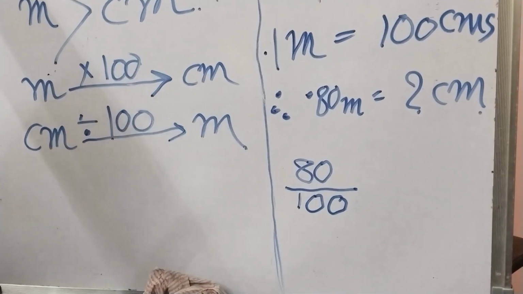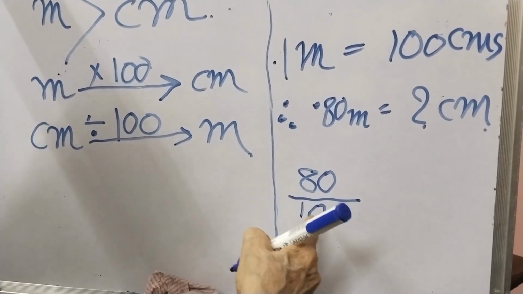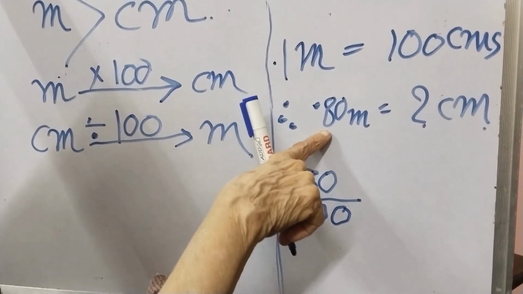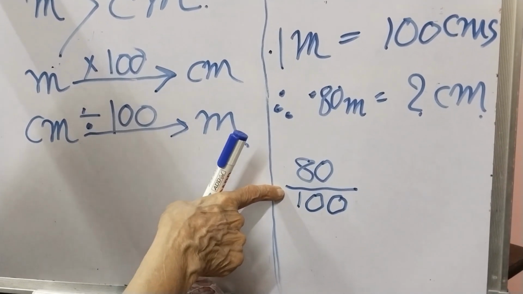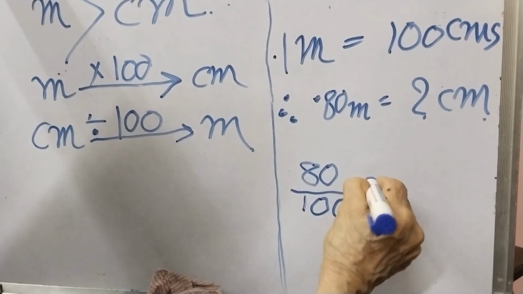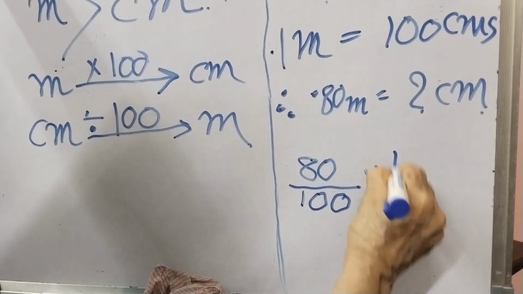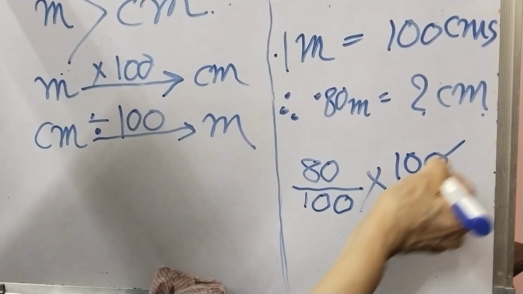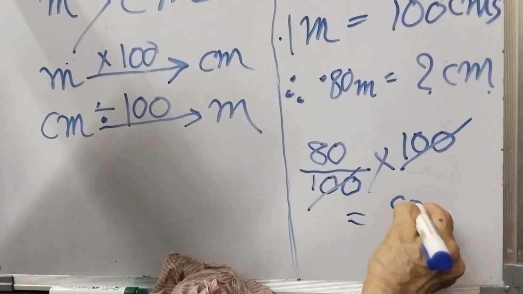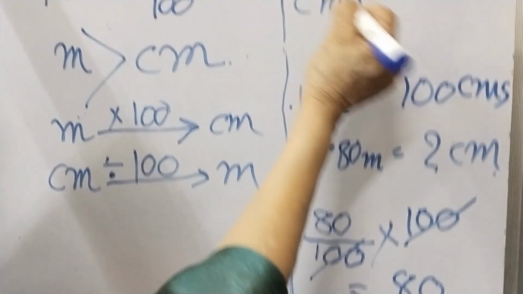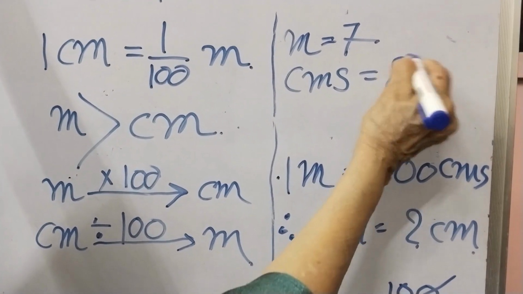So 80 upon 100 is multiplied by 100, and this 100 cancels with this 100, and what remains is 80. So our centimeter answer is 80.